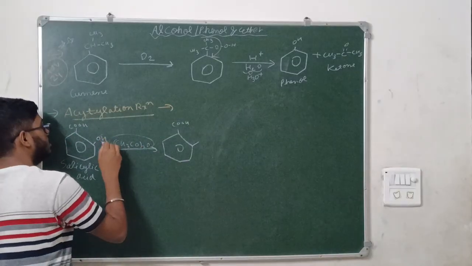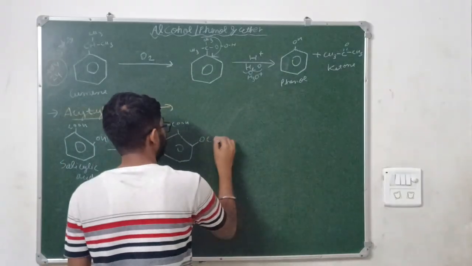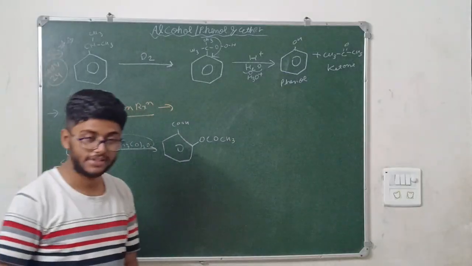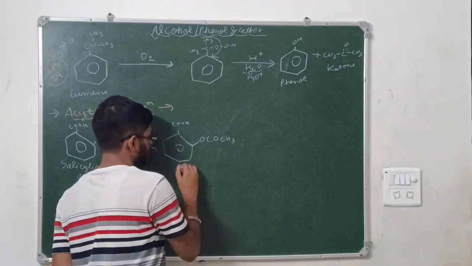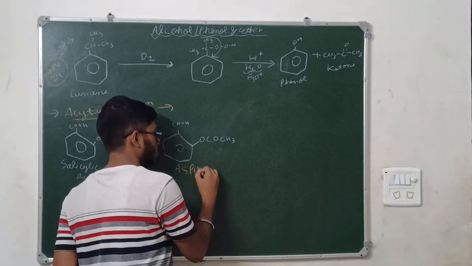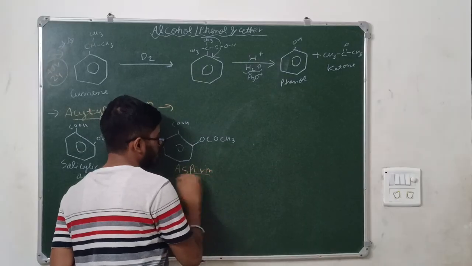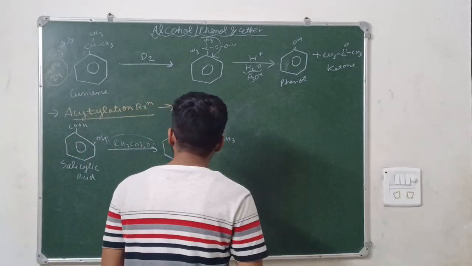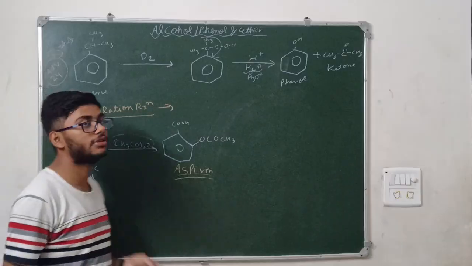So if you see here, this hydrogen is more acidic. So this would be OCOCH3. This is acetylsalicylic acid, or you call it aspirin. This is an antiseptic that you use for medical purposes. Now, this is the preparation of aspirin. This is also a question that was asked.